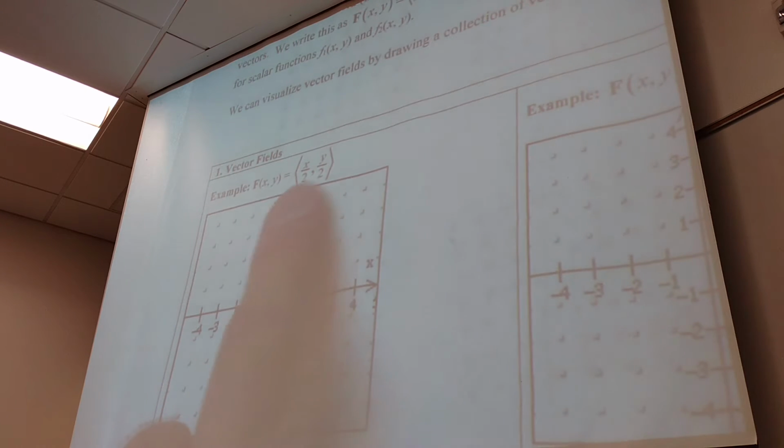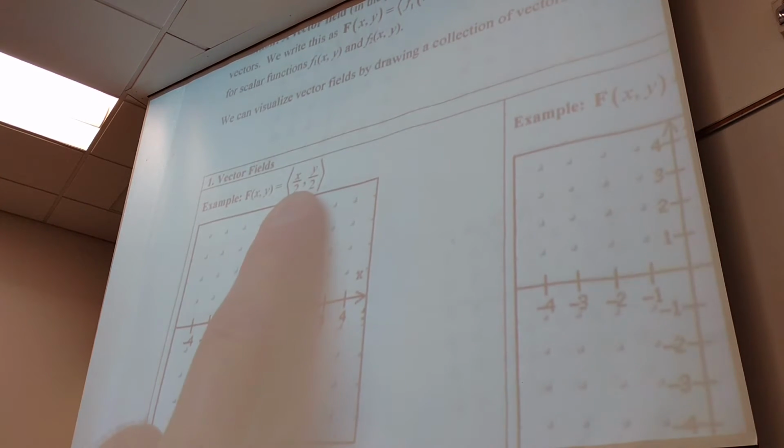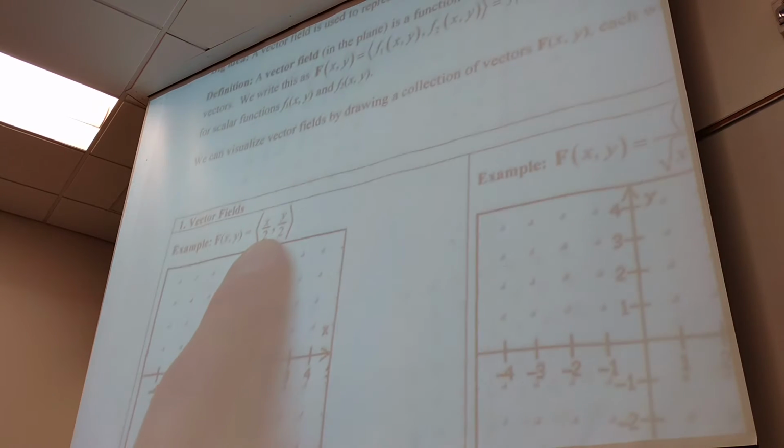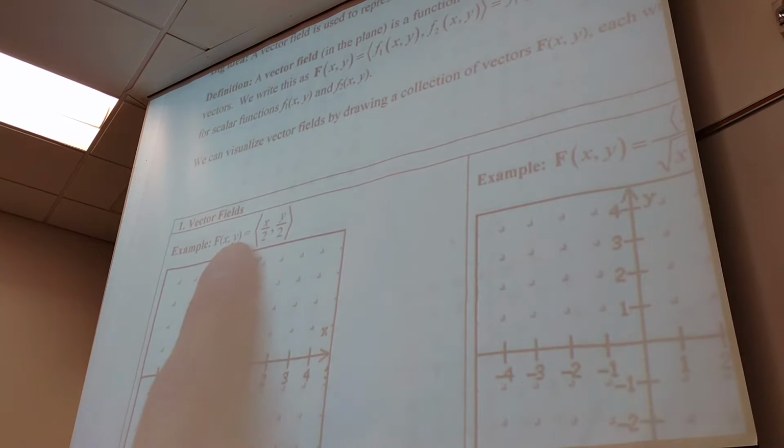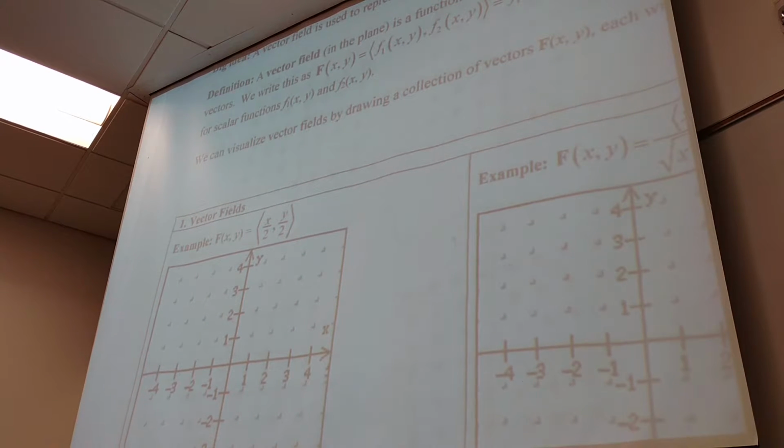So, for example, here's what a vector field function would look like. This is a vector valued function, so the outputs are vectors. For any specific point, it's going to have a vector output.